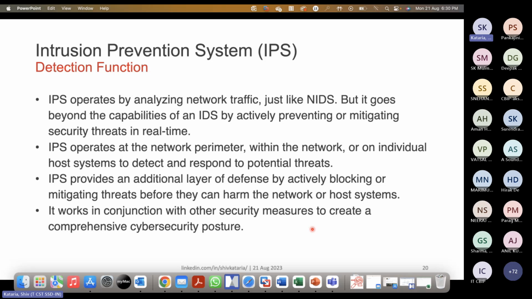So it's very useful in giving an additional layer of defense by blocking network traffic. The best place to put it is after the firewall at your perimeter device, because the firewall will first filter the traffic based on rules, and only filtered traffic will come to the IPS to analyze further and then block the malicious traffic.